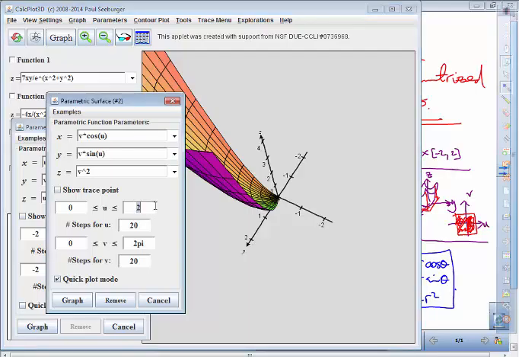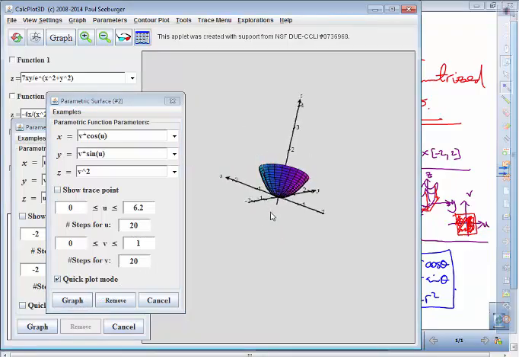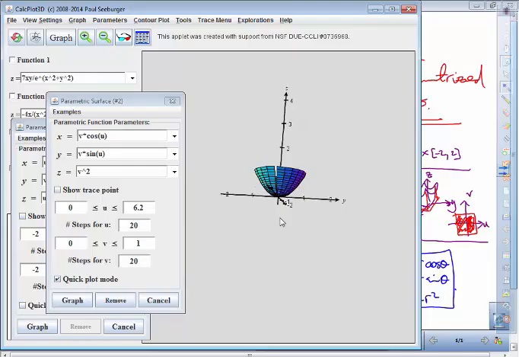So if I change this to 6.2, and then I change this to 1 or something like that, then I would have the paraboloid almost. 6.2 isn't quite 2 pi, but that's why there's a little gap here.